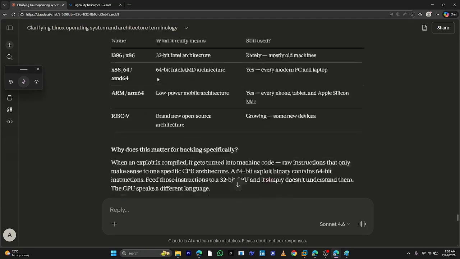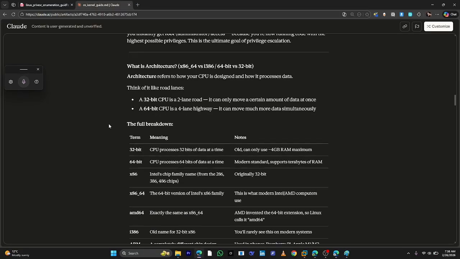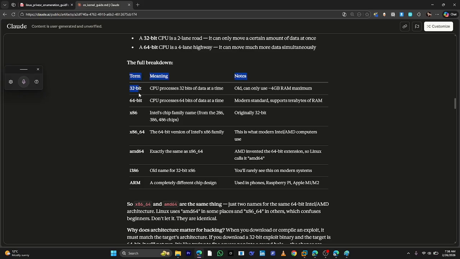Okay, and now with the names I was telling you, we have these names. One is this, and we already talked about this. Now we have the x86, which is equivalent to the 32-bit, and if we add x86-64, it's basically the 64-bit version for the Intel chips, and this is what modern computers use.